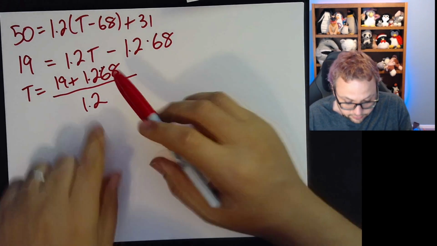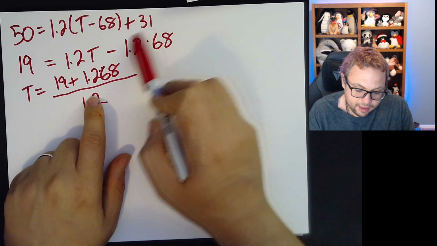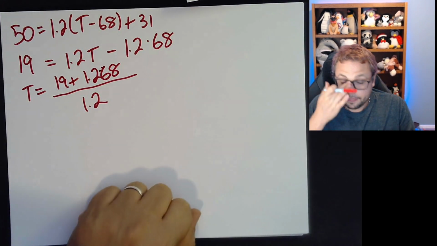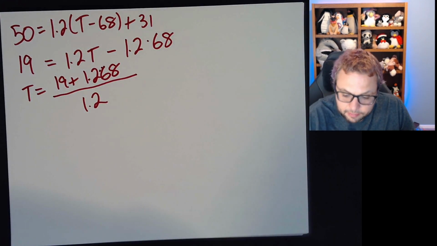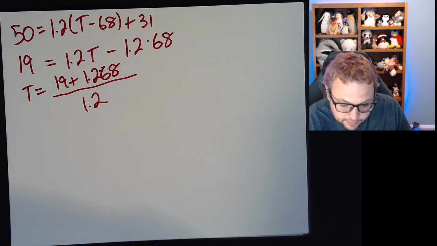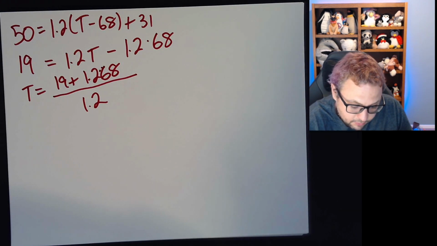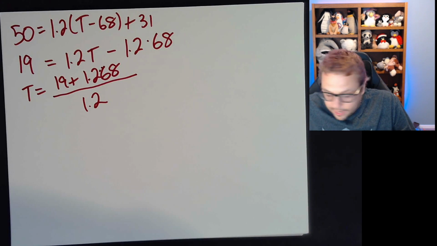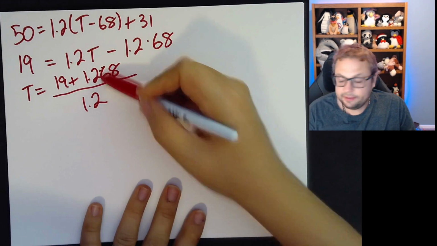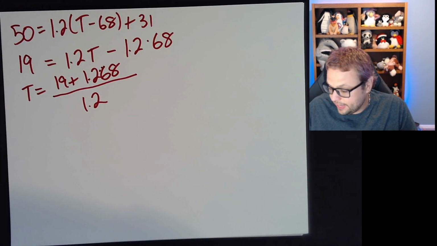Now, notice I could have calculated that here, but when I'm going to be dealing with messy numbers anyway, which, spoiler, in this class you're usually going to be dealing with messy numbers anyway, I might as well wait to deal with the messy numbers until I'm directly entering the thing into my calculator.